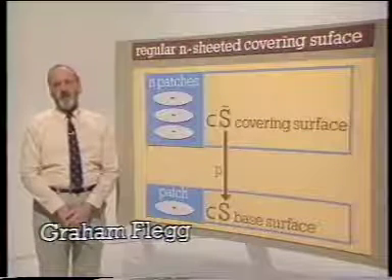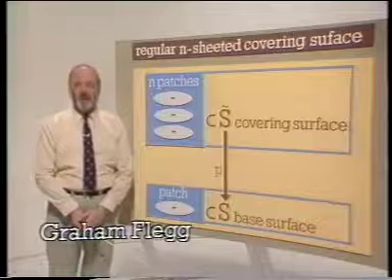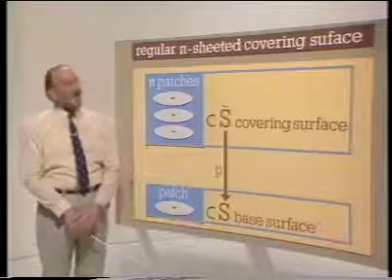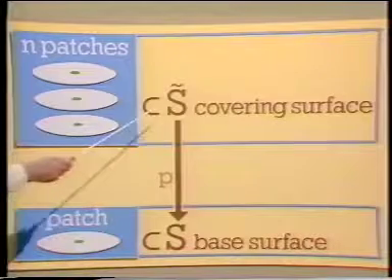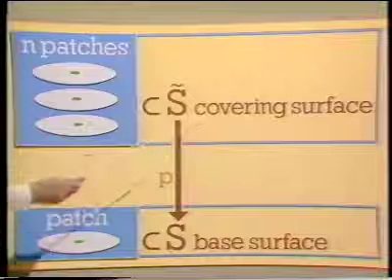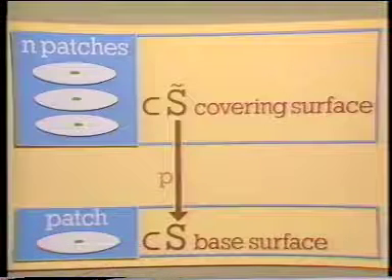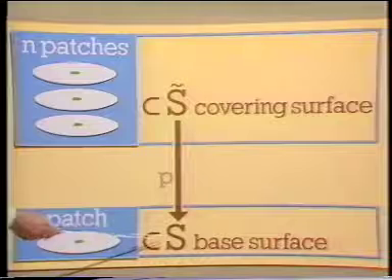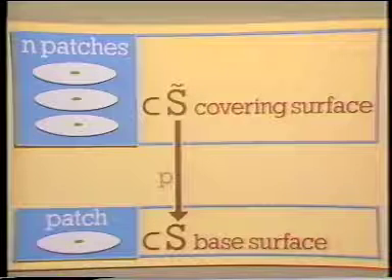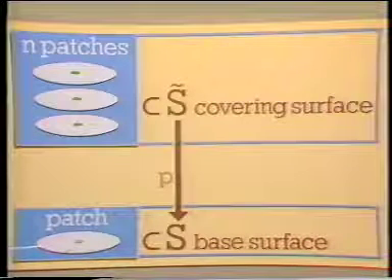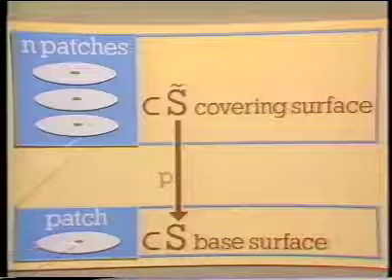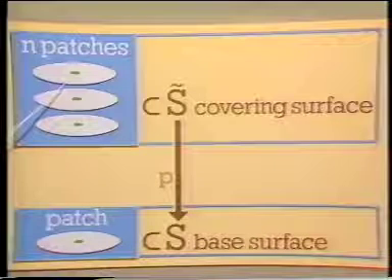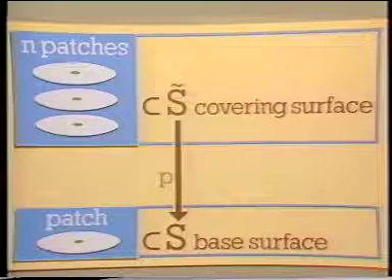It's time now to look at the general definition of a regular covering surface. We have 2 surfaces, S tilde, the covering surface, and S, the base surface. And we have a map P from S tilde to S, the projection map. And for each little patch on the base surface, we have exactly n patches lying above it in the covering surface.